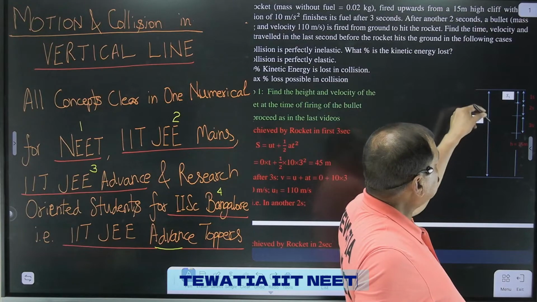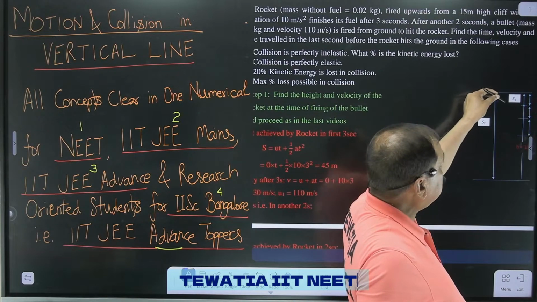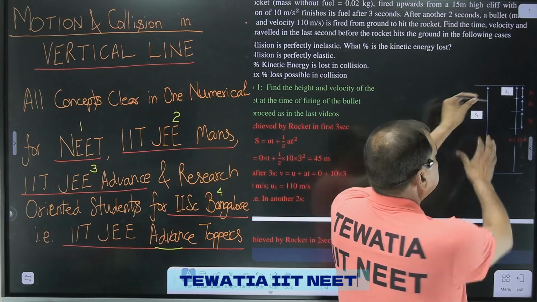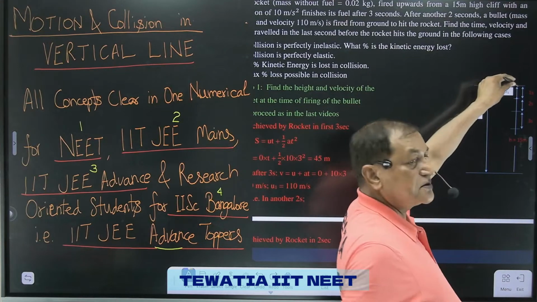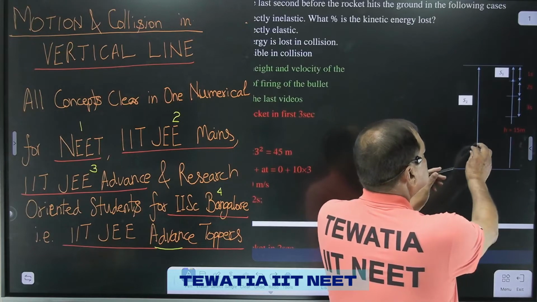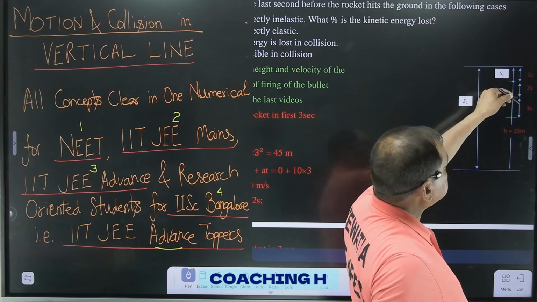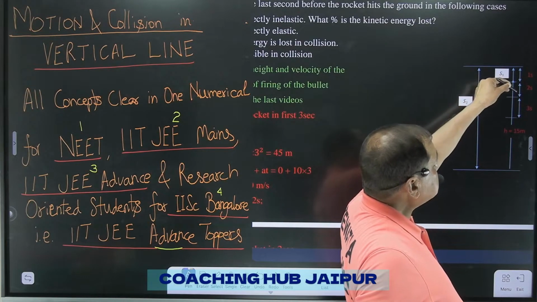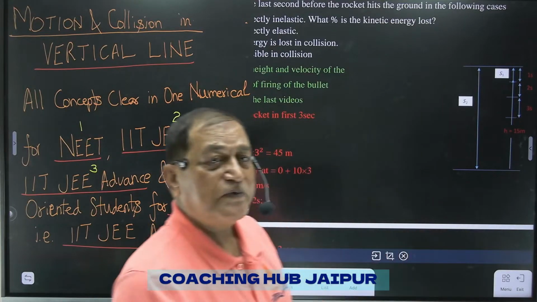When the bullet comes, it takes time to hit it, another 1 second that we will calculate, and it further rises. So we have to add these distances: h, 15 meter, plus the distance in 3 seconds, plus the distance in 2 seconds. We have to calculate this first, when the bullet is fired.